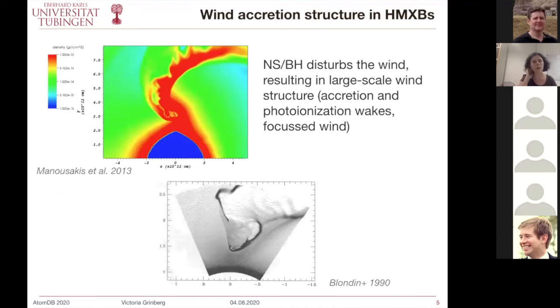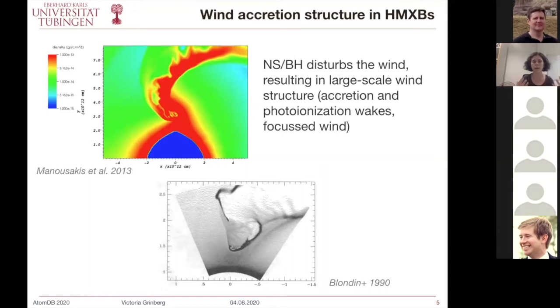The other point is, especially in high-mass X-ray binaries where accretion happens, even if you have just a nice smooth wind out there, and you put a neutron star or a black hole in there, rotating around the star, you're going to have formation of structures in the accretion region. Something that we call accretion, photoionization wakes, and focused wind.